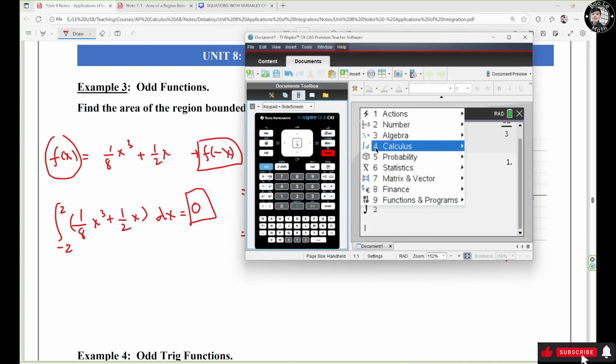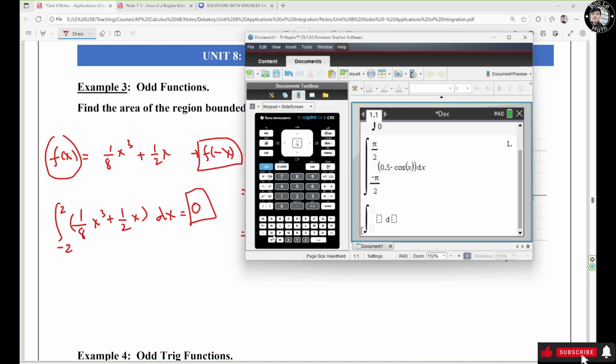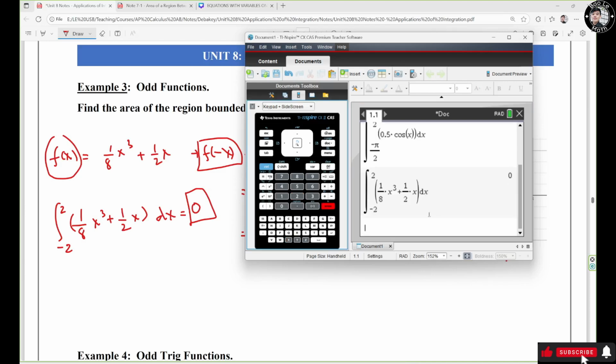So you hit menu, calculus, integral from negative 2 to 2, right here 1/8 times s cubed plus 1/2 times s ds. Hit enter. The answer is 0.